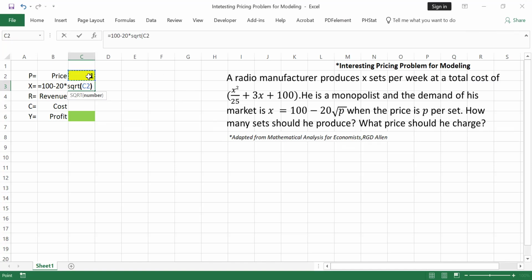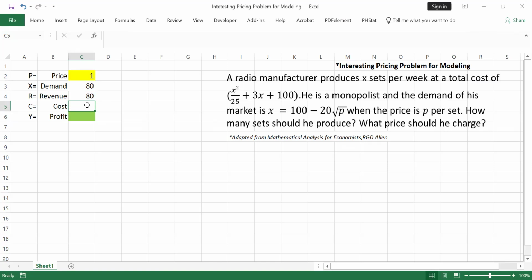I close the bracket and I get the initial value as 80. Now R is equal to revenue. Revenue is equal to quantity demanded, which is here, this cell C3, multiplied by the price. Therefore, this is equal to this cell C3 star the price. That will also be 80 because the trial value is 1.